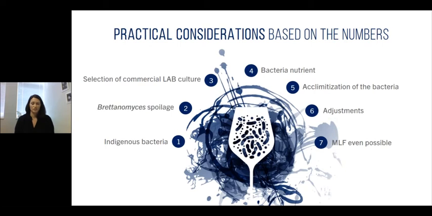If the conditions are more difficult, you could potentially consider adding a nutrient for the bacteria and maybe including some acclimatization steps before you inoculate. Of course, only if you know the numbers, you can potentially adjust them. And these numbers will give you a very good indication of whether MLF is even at all possible in the wine.